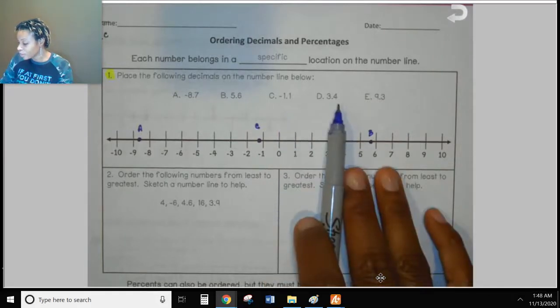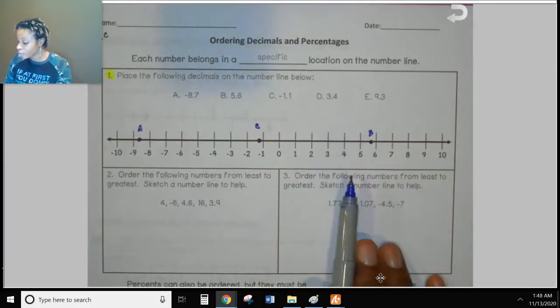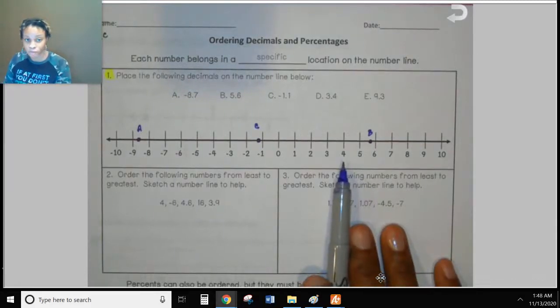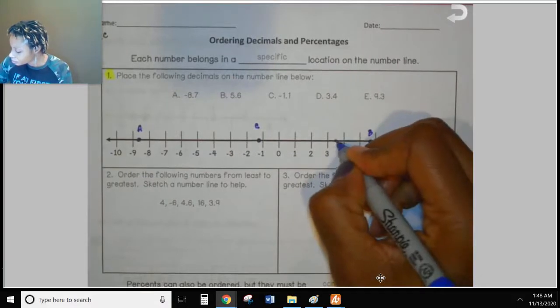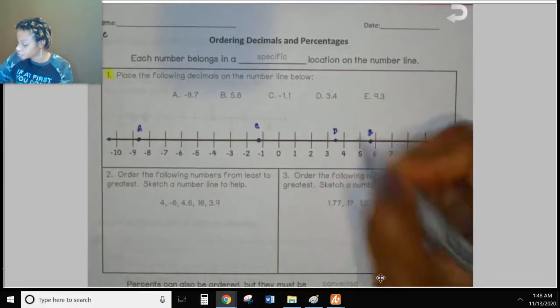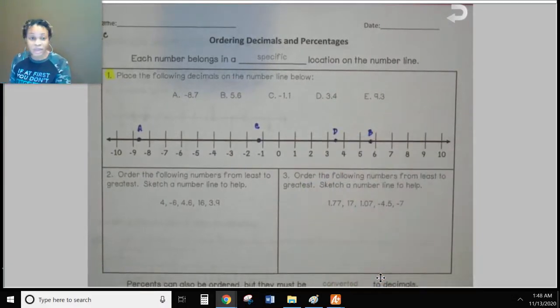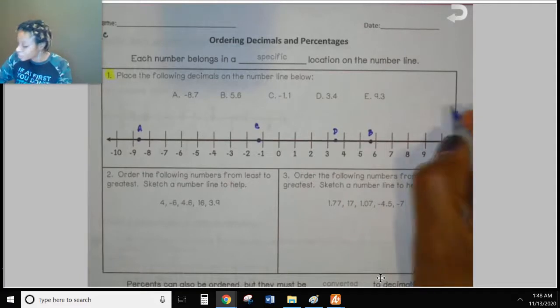Here we have 3.4. 3.4 will be in between 3 and 4. Will it be closer to 3 or 4? Closer to 3. And last, we have 9.3. So 9.3 would be in between 9 and 10 and closer to the 10.